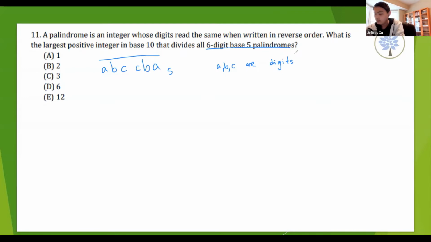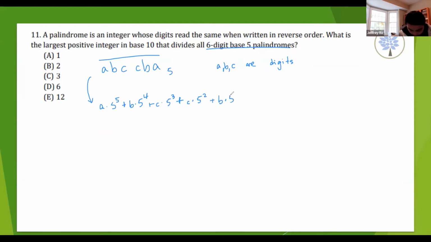Once you do this, then we can note that by changing this into exponents, this is just equal to A times 5 to the 5th plus B times 5 to the 4th plus C times 5 to the 3rd plus C times 5 squared plus B times 5 plus A.